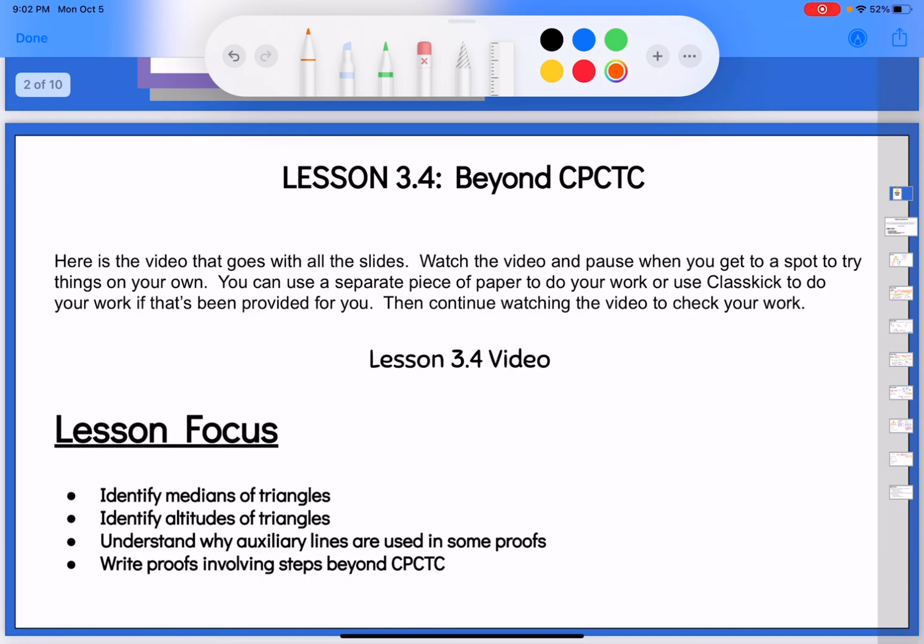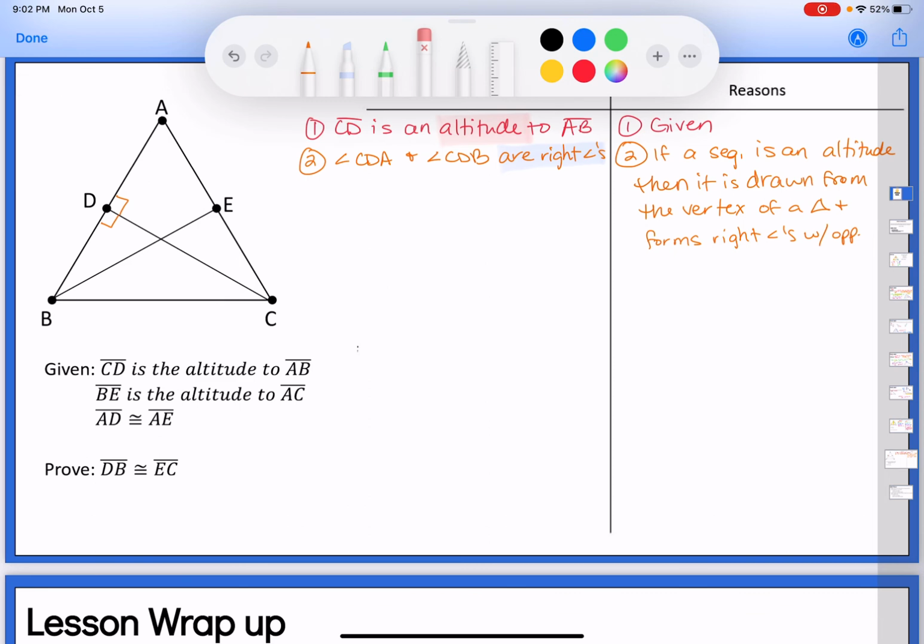Sorry, trying to save some space and I keep hitting this, sorry. Okay.